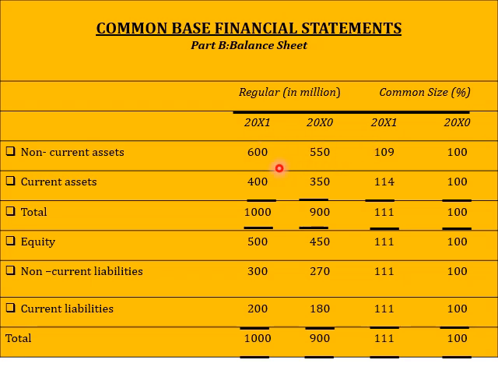So 600 in relation to 550 is 109, 400 in relation to 350 is 114, so on and so forth. So we find that in relation to the base year, non-current assets have increased by 9%, current assets have increased by 14%, other items have increased by 11%. This also provides a useful insight.